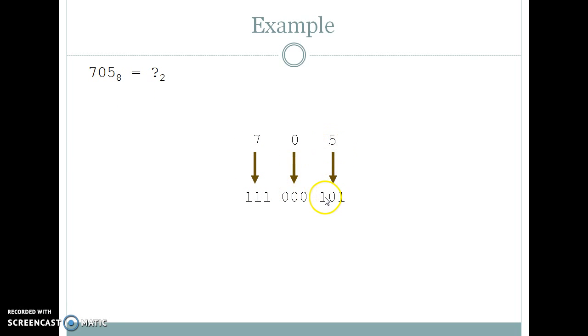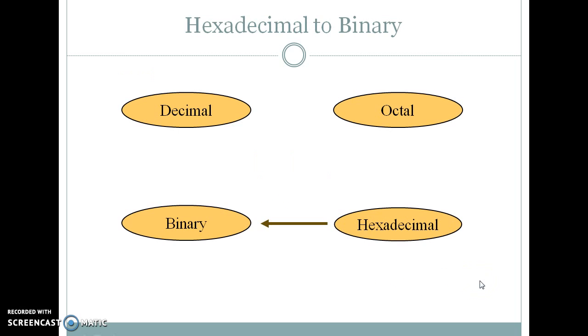Like for 5, in the binary it is represented as 101, for 0, 000, and for 7 it is 111. These you have to see from the table. So the equivalent number for this is 111, 000, and 101.